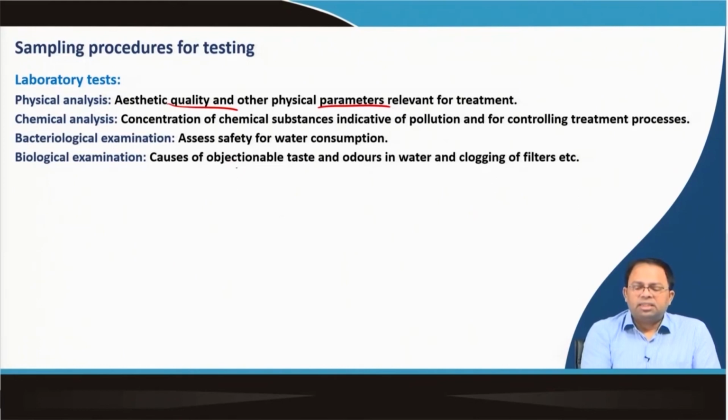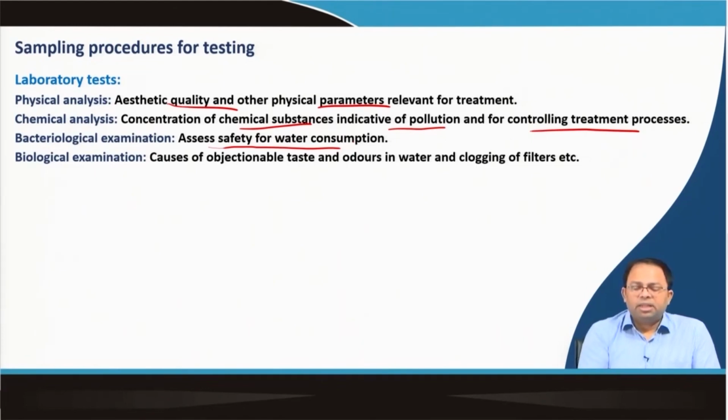Then chemical analysis gives us an idea about what kind of chemical substances are inside the water, and some of them indicate different kinds of pollution, and also we can suggest different kinds of treatment processes for that. And bacteriological examination is primarily to assess the safety of that water for consumption purposes.